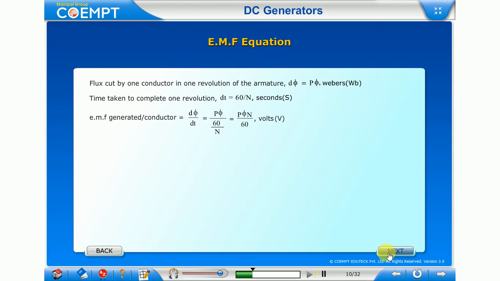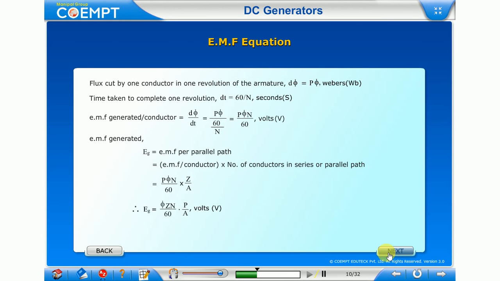The number of conductors in series is given by Z divided by A, where Z is the number of conductors and A is the number of parallel paths. The flux density B can be expressed as the product of flux per pole and number of poles divided by the cylindrical area of the armature surface.